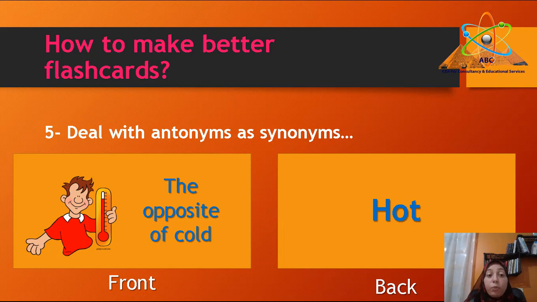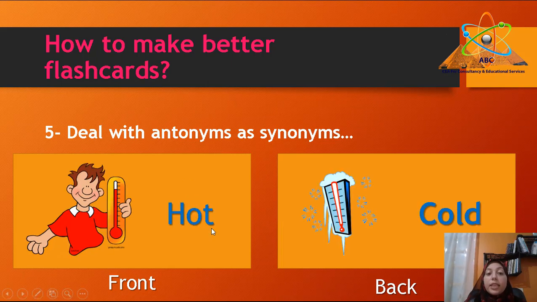So you are going to deal with the antonyms like the synonyms. You are going to put them in two separate cards. A card with a picture showing hot and the word hot, and a picture that shows coldness and the word cold.